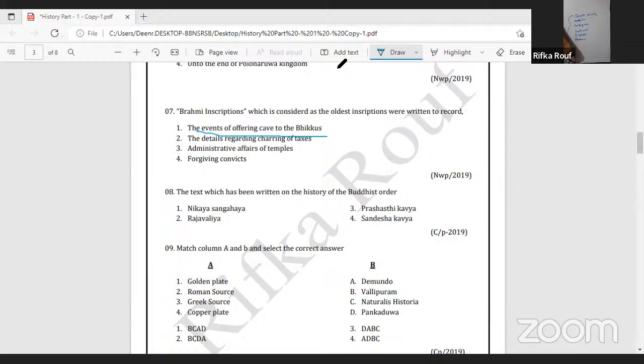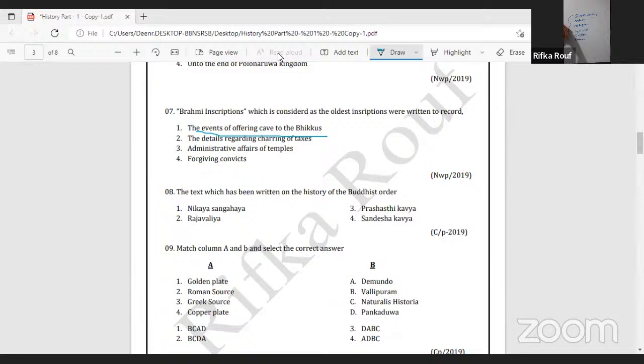Because of that, they cleaned the caves and provided them for the protection of the bhikkhus. That was considered a sacred service which could be provided, and those events were recorded at the time. So it is only the events of offering caves to the bhikkhus.